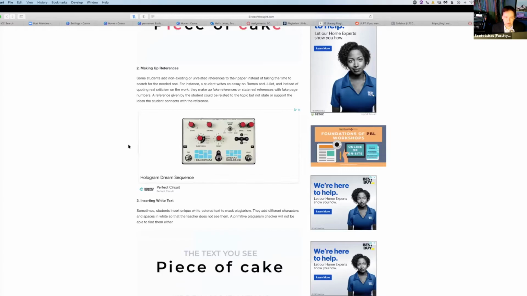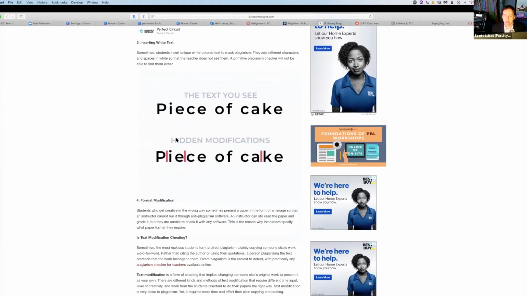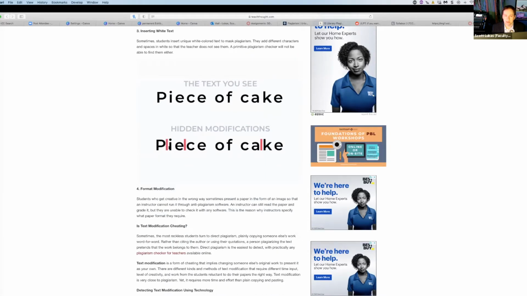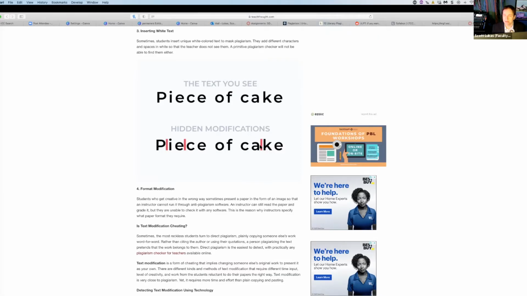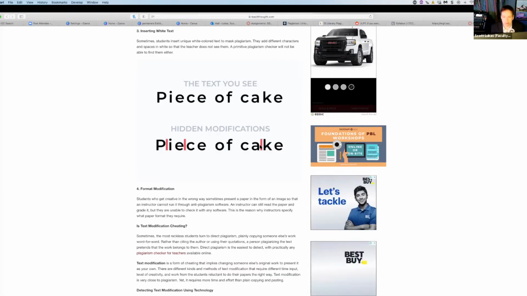Making up references, inserting white text. So what you would see here is there would be hidden text that's in white that would try to trick Turnitin's engine, because every little bit of information, if you will, in between all the letters in the sentence would try to throw off the engine.